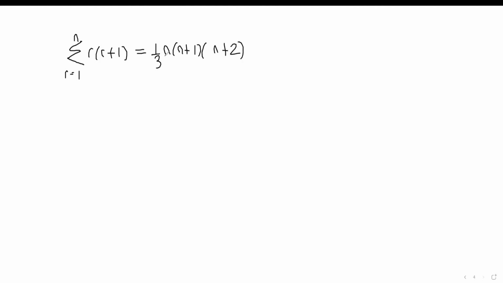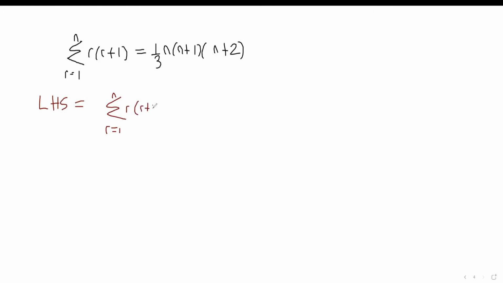So if we're going to show this now, first thing, we're going to start from over here. To prove it, we'll start with our left hand side. Our left hand side is equal to the sum from r equals 1 to n of r times r plus 1.